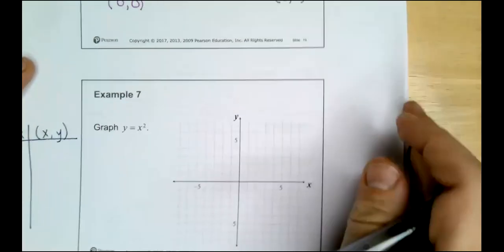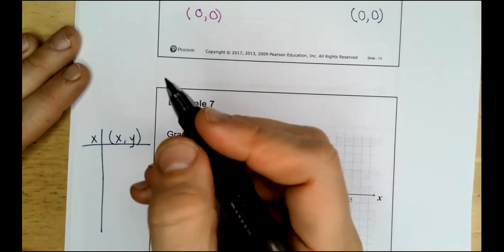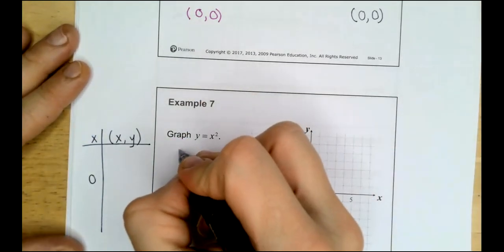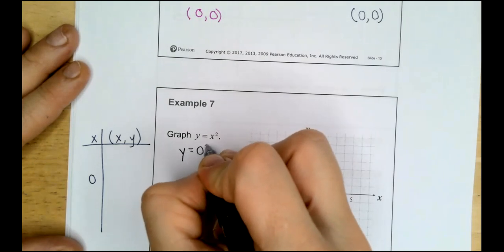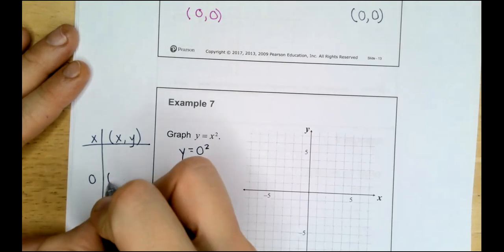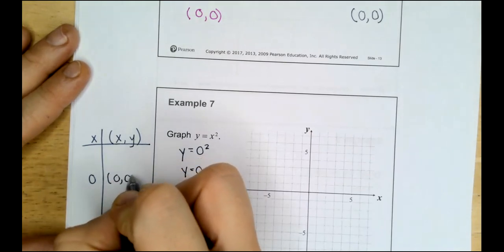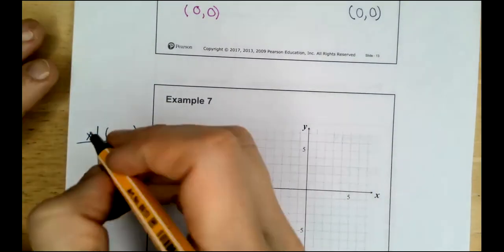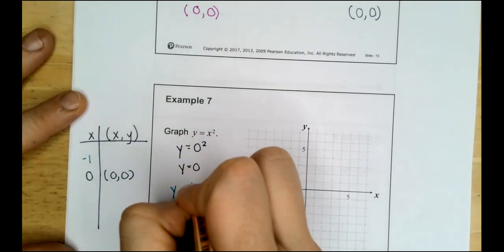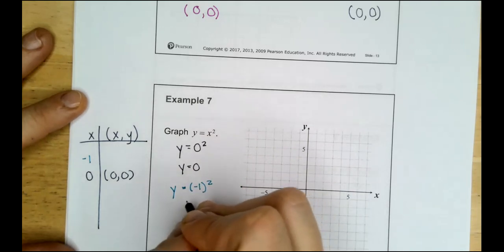So if I had to graph y equals x squared by hand, I'm going to pick easy numbers, right? So if x is 0, we already saw it, right? Y equals 0 squared. What is 0 squared? 0. If x is negative 1, y equals negative 1 squared. What's negative 1 times negative 1?